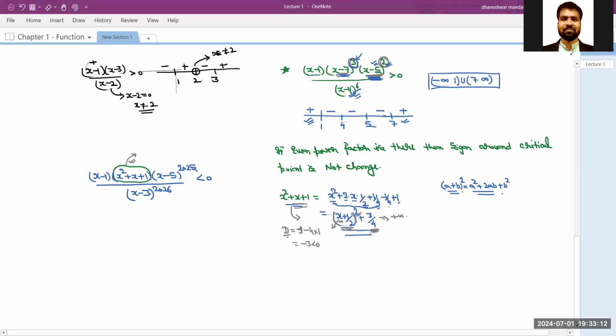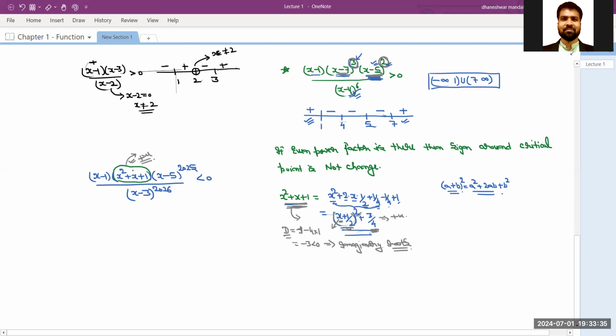If D is less than 0, it means the quadratic equation has imaginary roots, no real roots. If I don't get any real roots, I cannot factorize this expression. So this expression is always positive.